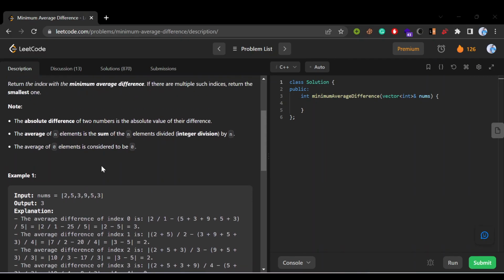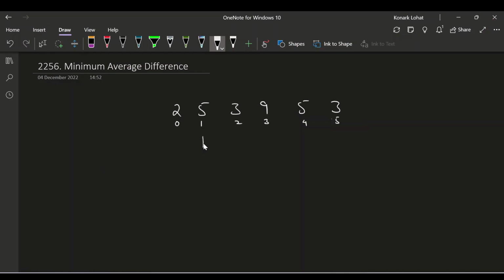So what is average difference? If I'm calculating the average difference at this point, then it is the average of these elements and the average of these elements. And if I am talking about the left elements, then the current element will be inclusive. So this is the left average and this is the right average, right?